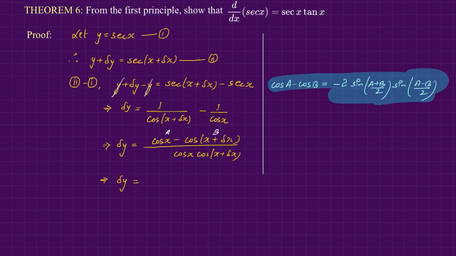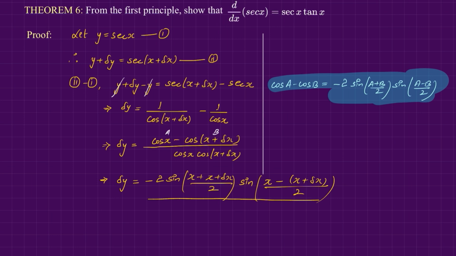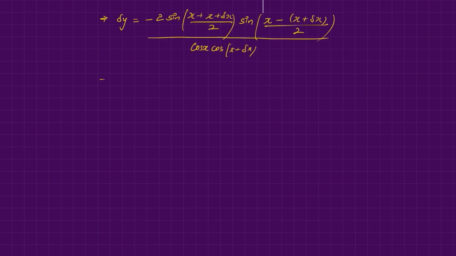Using this formula we can write minus 2 sine of (a plus b) by 2 and sine of (a minus b) by 2, where a plus b is x plus x plus delta x, and whole divided by cos of x into cos of x plus delta x.